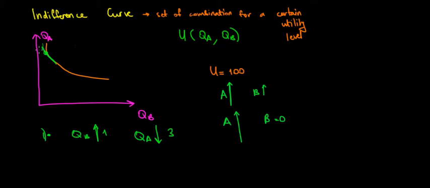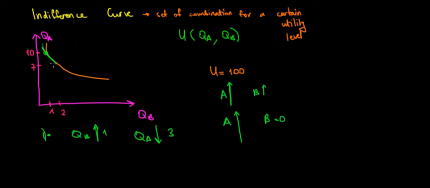Well, it does, because here, have a look, we're having a lot of apples. Let's say the quantity of apples that we're having in this case is 10 kilos, and the quantity of bananas that we're having here is just 1 kilo. Well, because we would like to have a combination, because we would like to have a balance of both, we are willing to give up more apples for just 1 banana, because if we're giving up 3 kilos of apples, we'll be at a point of 7 kilos of apples and 2 kilos of bananas.